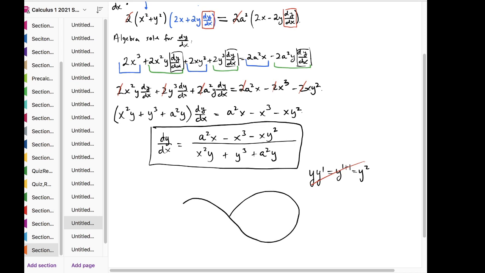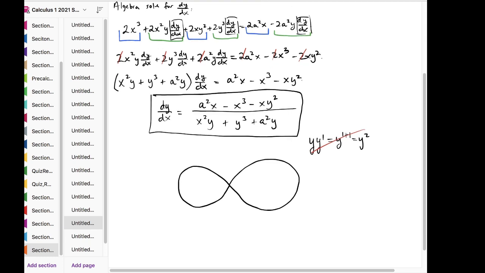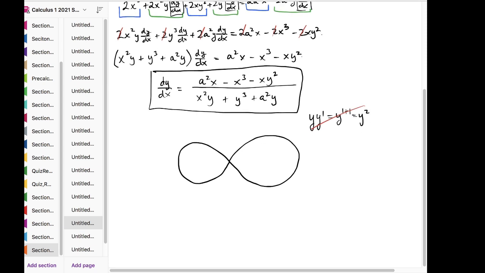And why would that be a problem? A couple of reasons can be your answer. What's wrong with intersecting yourself? Not cancels out, but yeah, you can think about the slope. Think about limits.